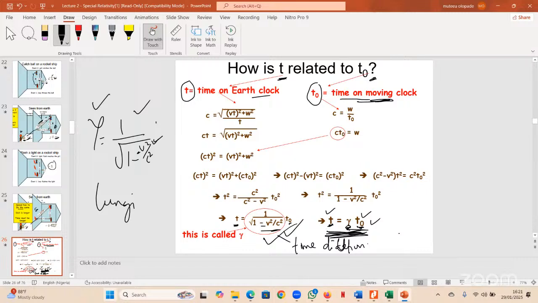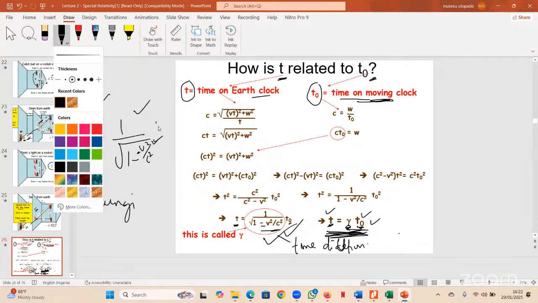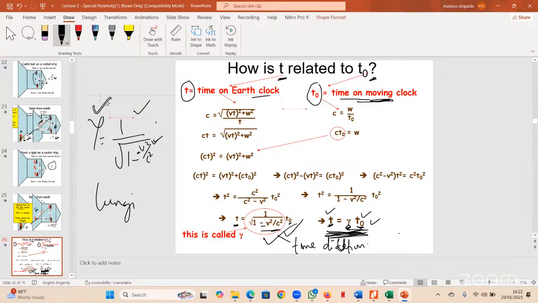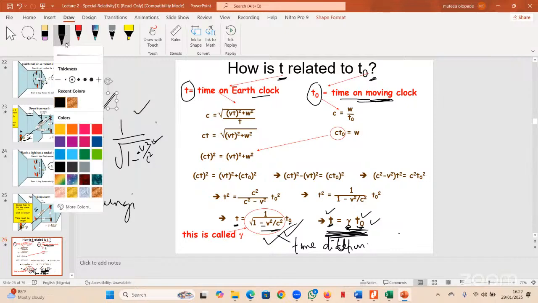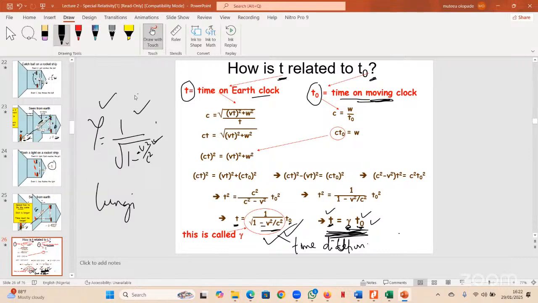So the observer on the earth observes that his own time is dilated by this factor that I've written here. This factor, which is what you have here, we refer to as the Lorentz factor.